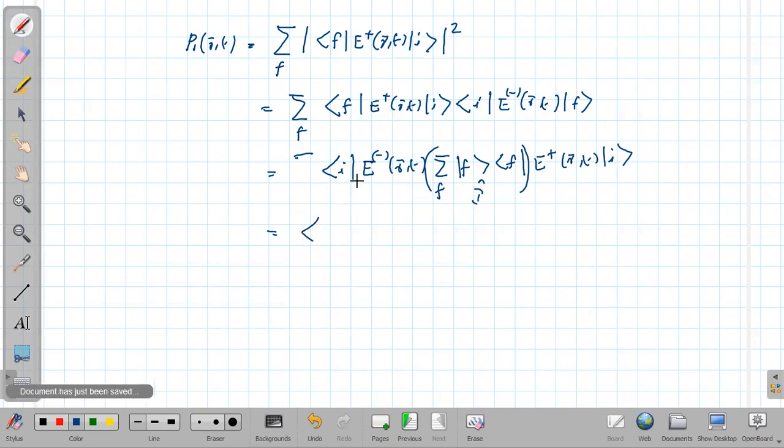So finally, it becomes ⟨i|E⁻(r,t)E⁺(r,t)|i⟩.